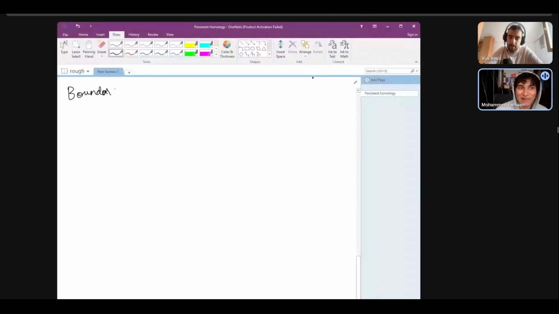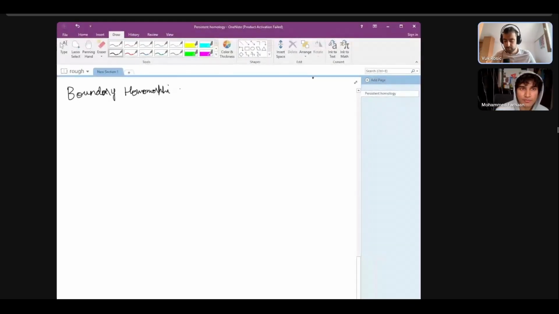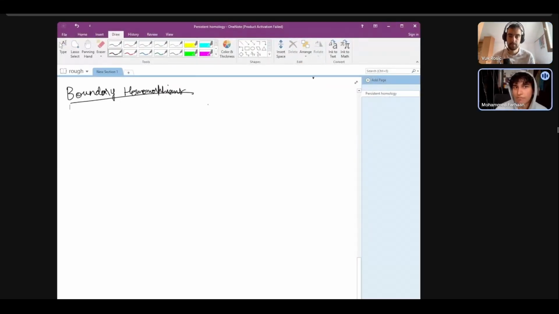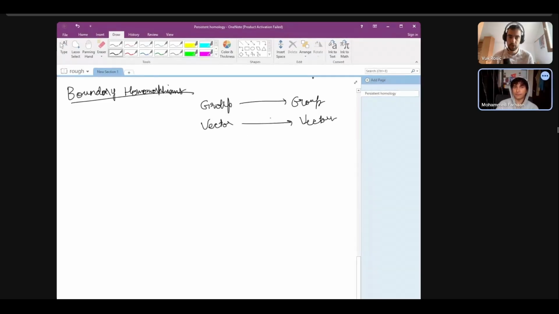A homomorphism you can understand as basically a map from some arbitrary group to another arbitrary group, or anything algebraic to anything else algebraic. So it can even be vector spaces to vector spaces. So a homomorphism is basically just a map.